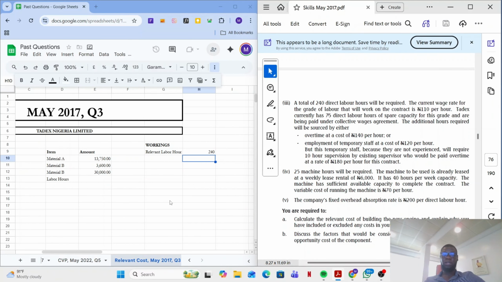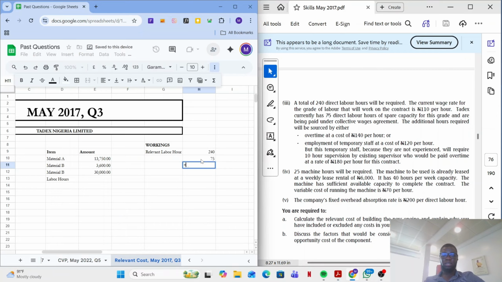Like we said, spare capacity is irrelevant. So we have 75 here, and you subtract this from the total to get what is relevant. This value here represents the relevant labor hours. So that is the first part.